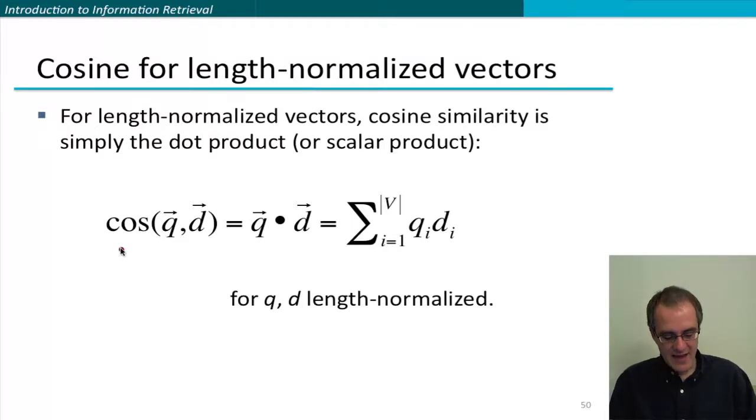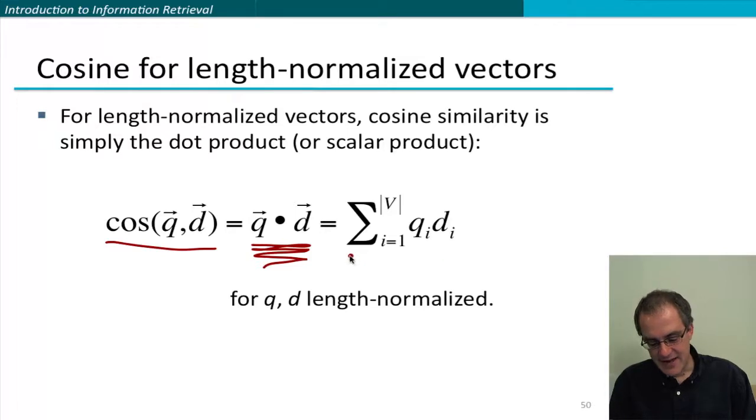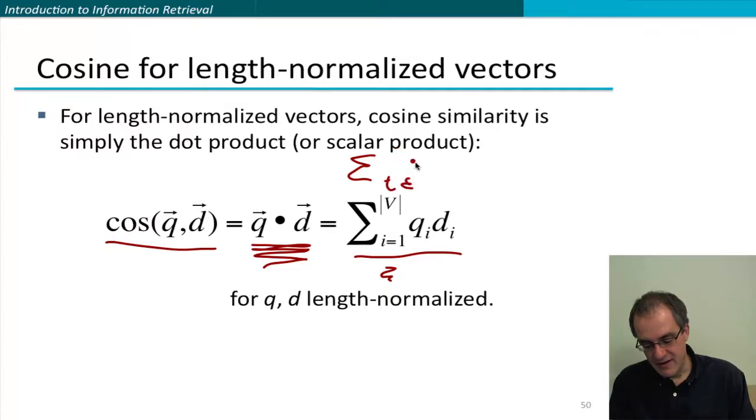If we do that, this cosine similarity measure is simply the dot product of length normalized vectors. So we're simply taking this sum in the vector space, where, as we discussed before, in reality we won't do it over all elements of the vector. We'll just do it over the terms in the vocabulary that are in the intersection of the ones that appear in Q and the document.